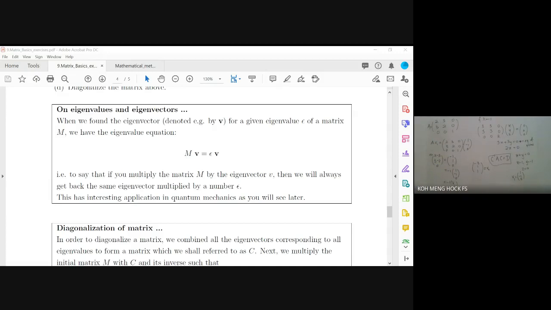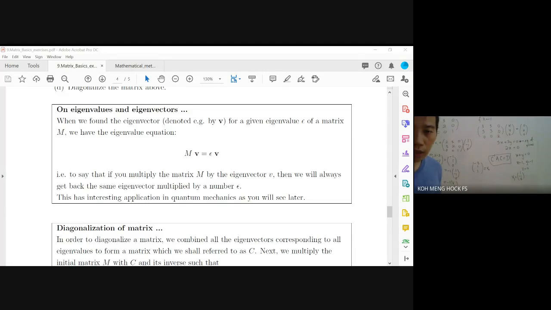So this is a very important concept. Once you have the eigenvector, you take A, the initial matrix, and because in quantum mechanics, the A is something that you want to measure, they call it an operator. So if you take the operator and multiply by the eigenvector, it will always give you the eigenvalue associated with the eigenvector. Okay, so if you replace the next one, you should be able to get back the same eigenvalue. Okay, can?